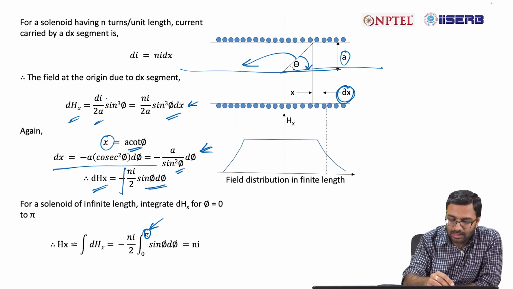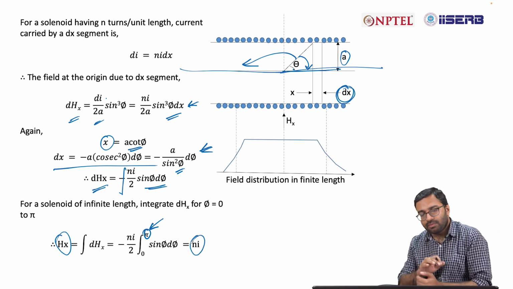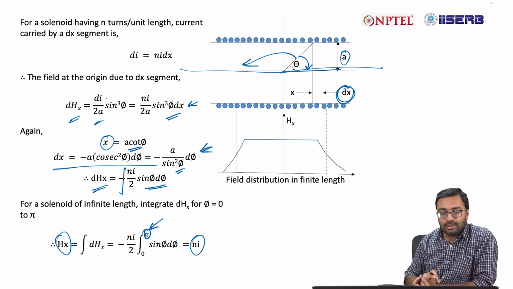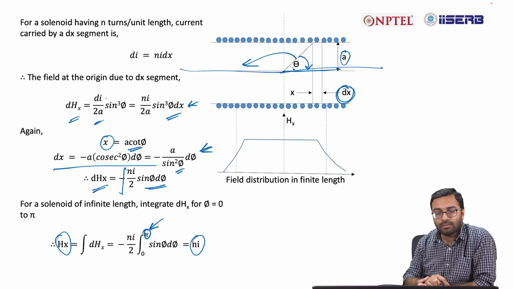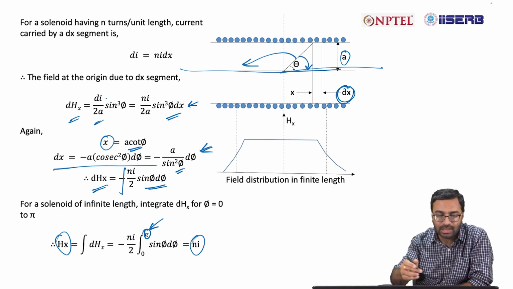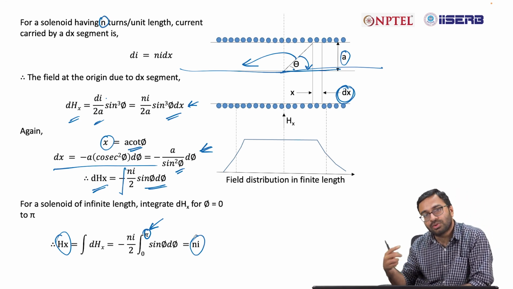So, you will ultimately get the value of hx is n into I. You have done this type of calculations previously as well. I am just showing this for the sake of understanding that the hx value is a function of the number of turns, where n is the number of turns and I is the current through this coil.